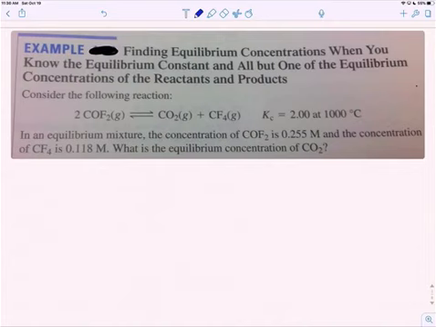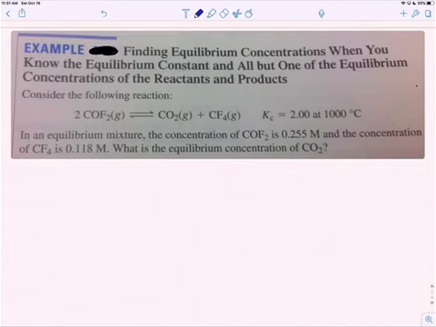Kc is 2. In an equilibrium mixture, the concentration of COF2 is 0.255 molar, and the concentration of carbon tetrafluoride is 0.118 molar. What is the equilibrium concentration of carbon dioxide?